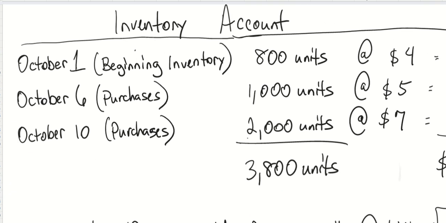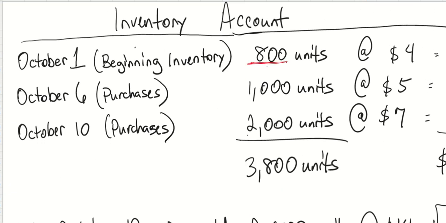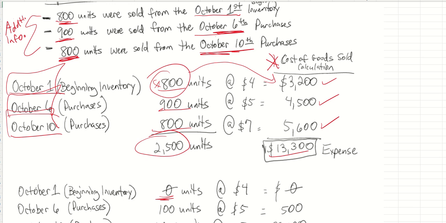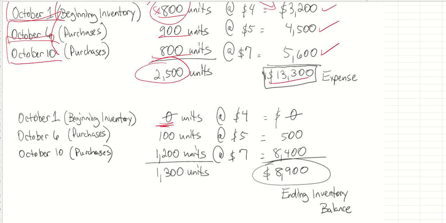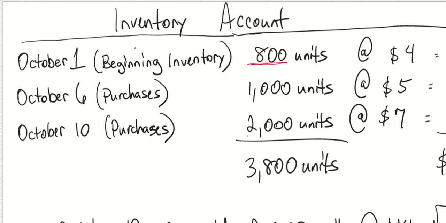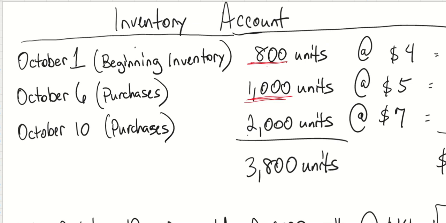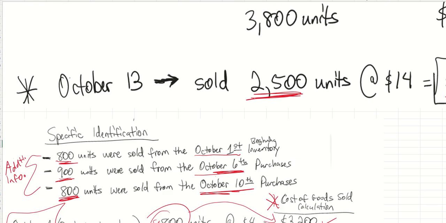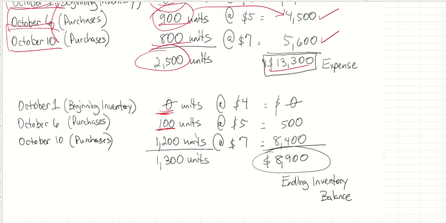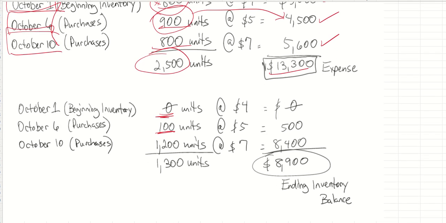Going back up, we can see October 1st had 800 units, so we've included all 800 units in the cost of goods sold calculation. October 6th, we have 100 units remaining, which is included in inventory. The reason is that October 6th had 1,000 units, and 900 were included in cost of goods sold, which leaves us with 100 units remaining in ending inventory.